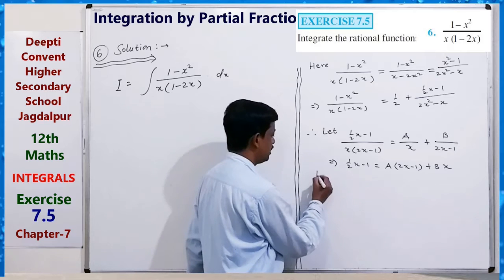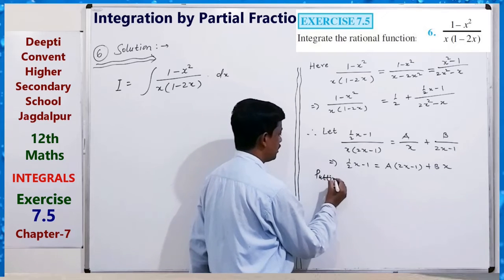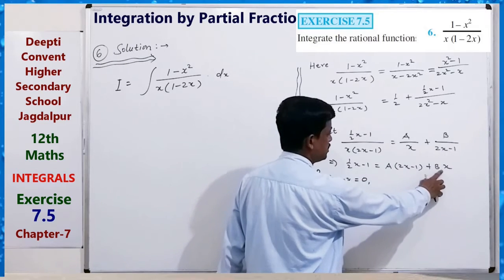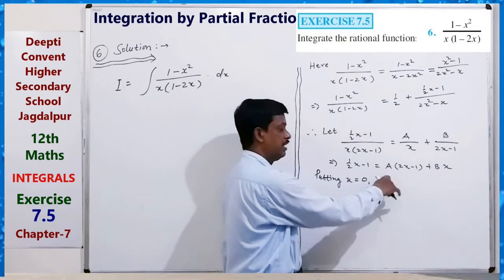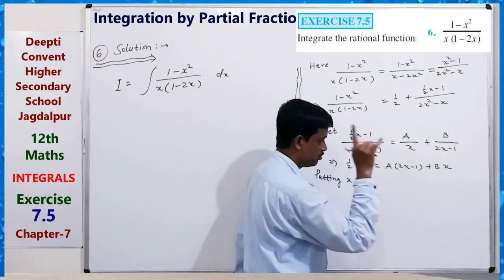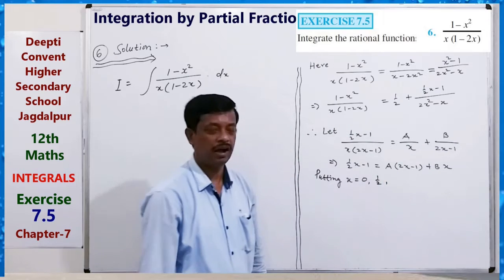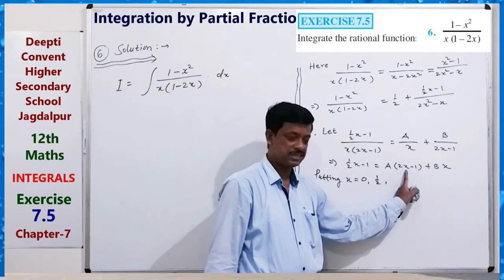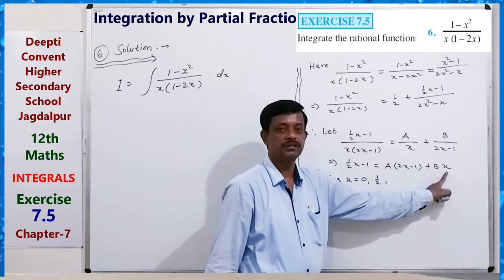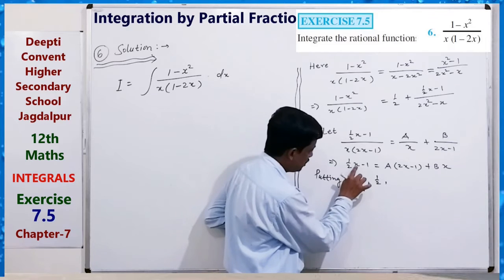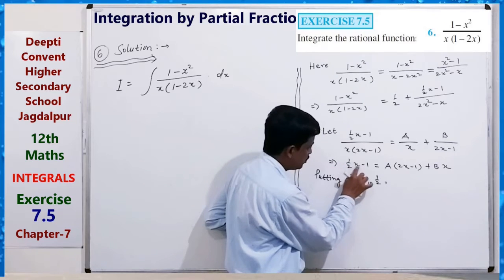So putting x equal to 0, this will vanish and we can get the value of A. And if x equals half, then this will vanish and we can get the value of B. So here x equal to 0, then 0 minus 1, minus 1.